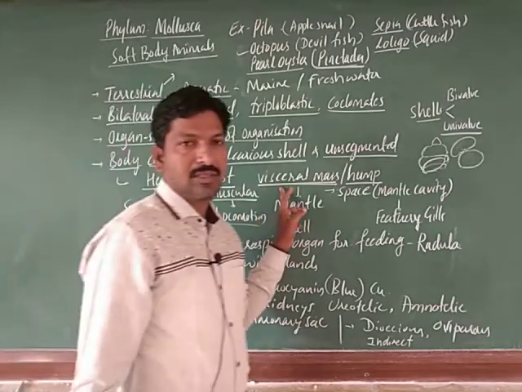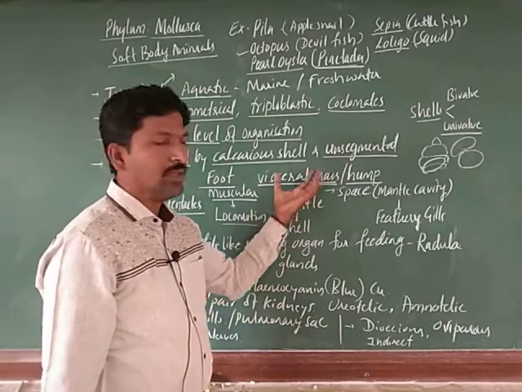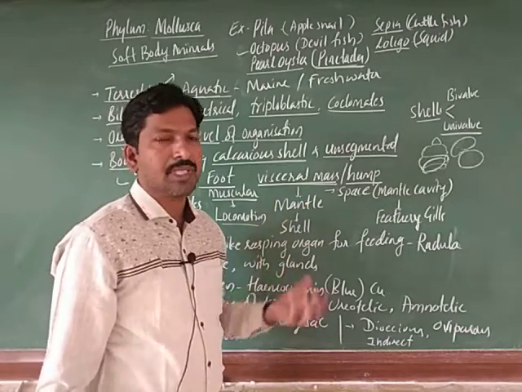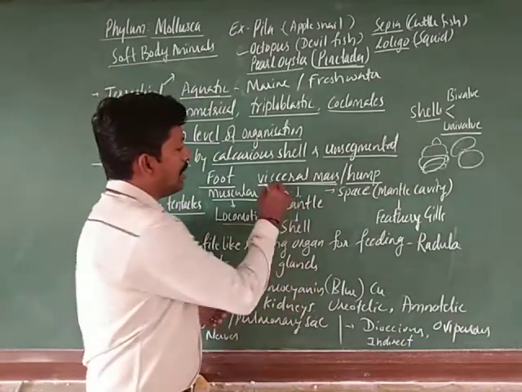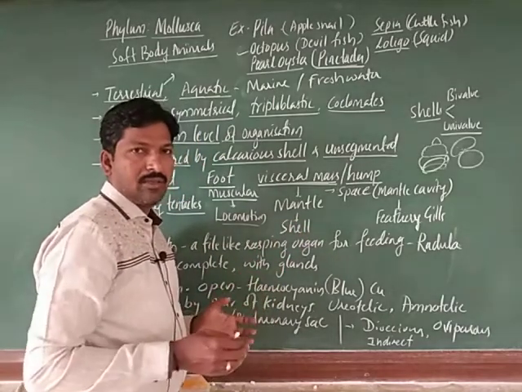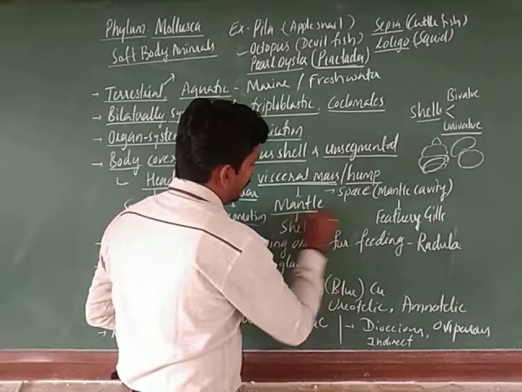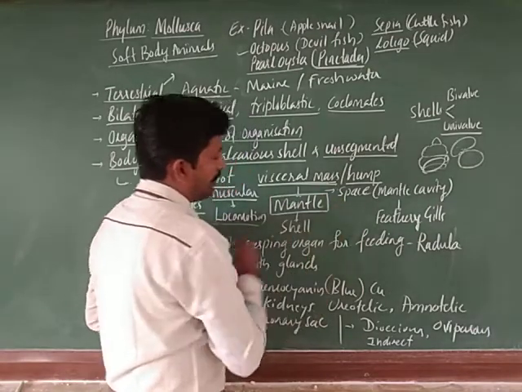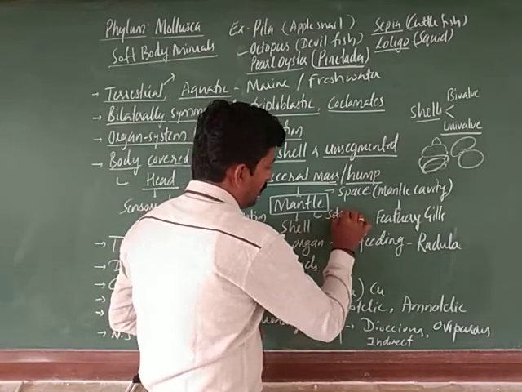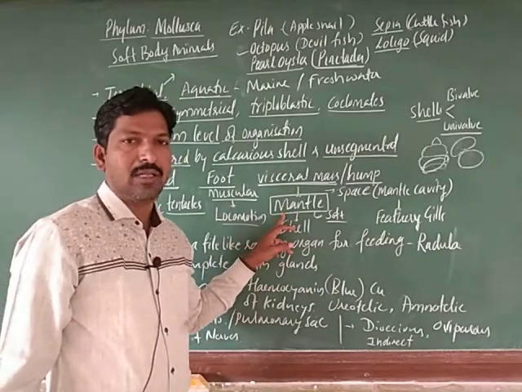The visceral mass or hump is the major part which consists of all the remaining organ systems. This body hump produces a soft and spongy layer called the mantle, like a skin.